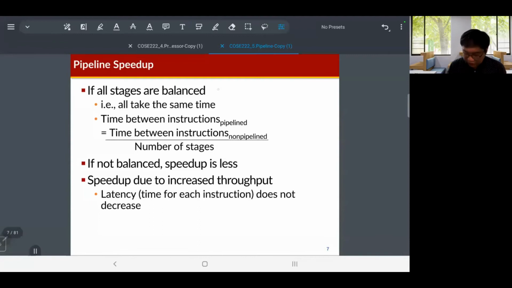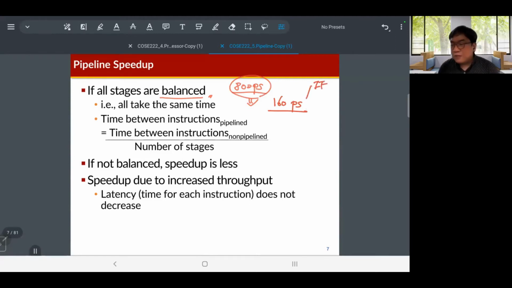So if all stages are balanced, so balanced means that the longest delay for 5 steps in a single cycle processor was 800 picosecond. Okay, so balanced means that every stage occupies 160 picosecond. So which means that instruction fetch takes 160 picosecond, the instruction decoding, execution, every stage takes the same delay.